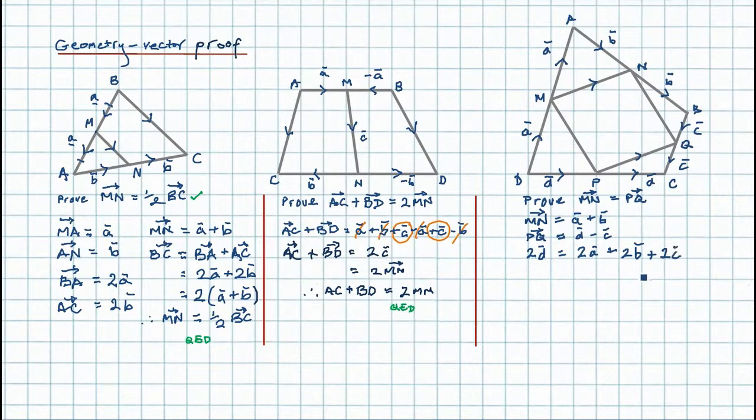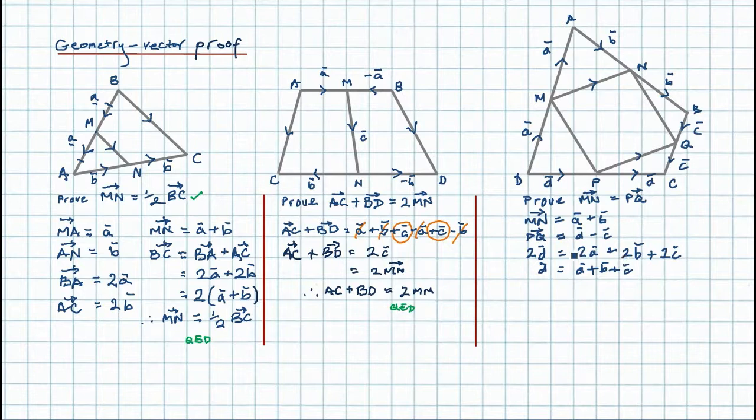Okay, now one thing you can do with vectors is you can divide through, so you can sort of factorize, but we're going to actually divide through now by 2, so to get rid of all these 2's. So if 2D equals 2A plus 2B plus 2C, then D must equal A plus B plus C. Like that.